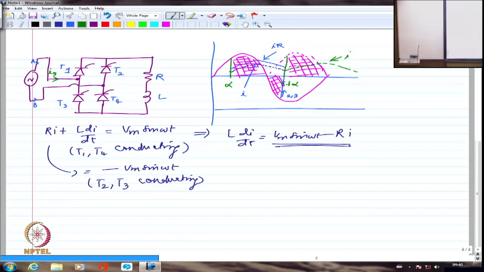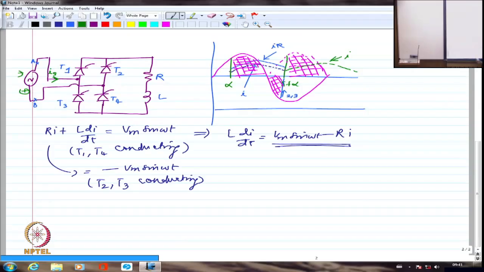Whenever 1 and 4 are conducting, I am going to have a positive current that is flowing in this direction. I say that this direction is the positive flow of current. Whenever 2 and 3 are conducting, because it is conducting during the negative half cycle, this will be plus and this will be minus. So because of which the current is going to go in the opposite direction.